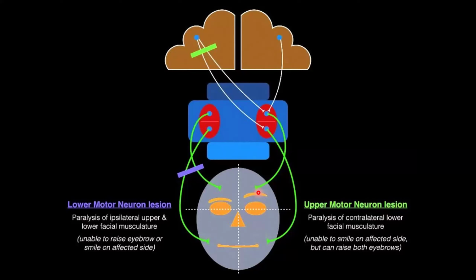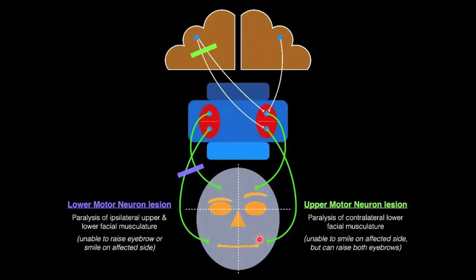So if you tell the patient to wrinkle their forehead and like raise their eyebrows, they'll be completely okay. They can, and you'll see them wrinkle their forehead. However, you're going to have on the same side of the affected lesion, on the lower part of the face, you're going to have this paralysis.